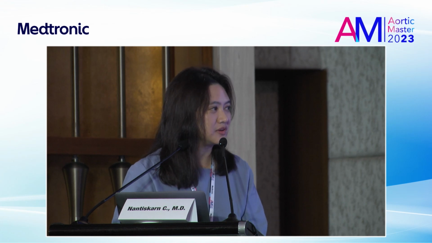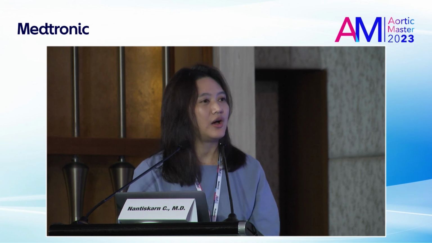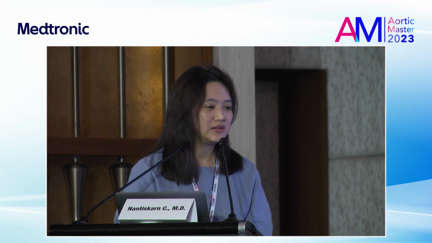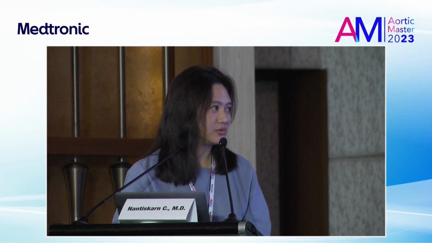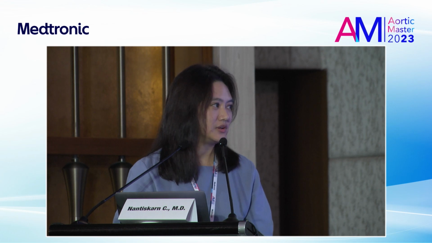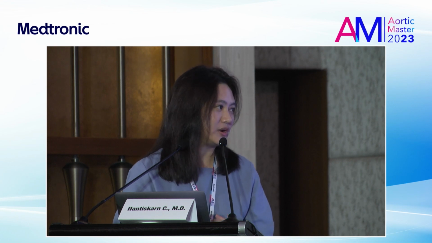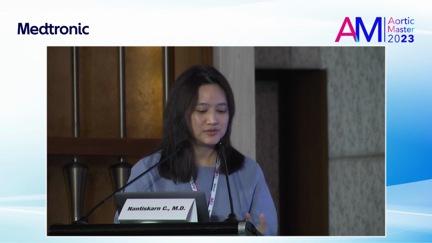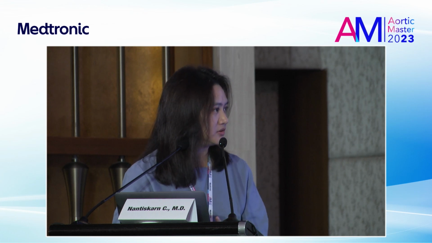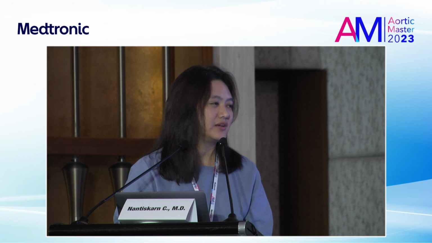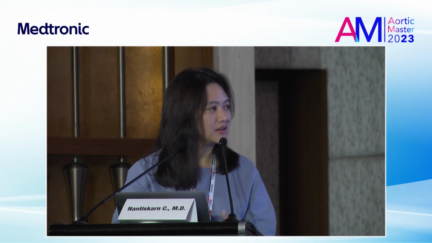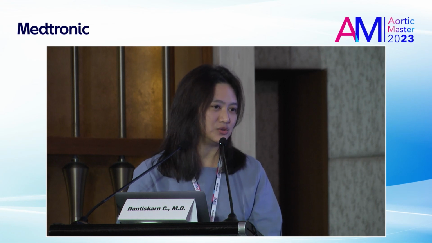Then we consider something else like direct puncture, and if it still fails, we need to wait for the collateral to form, or for the endoleak sac to get bigger for easier direct puncture using different kinds of embolic materials. We need to do it repeatedly, not only one chance, to give the treatment a chance before we decide that this patient needs surgery to correct the endoleak.